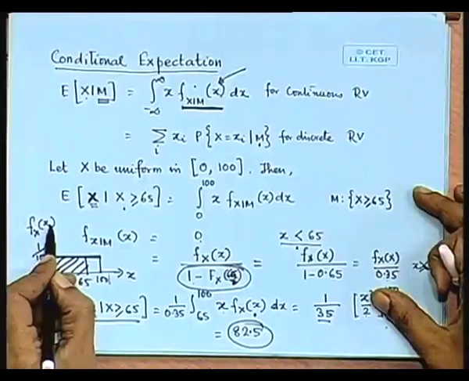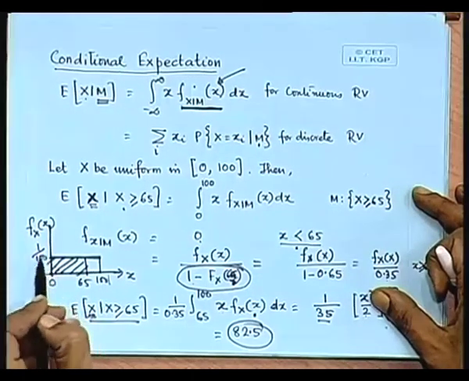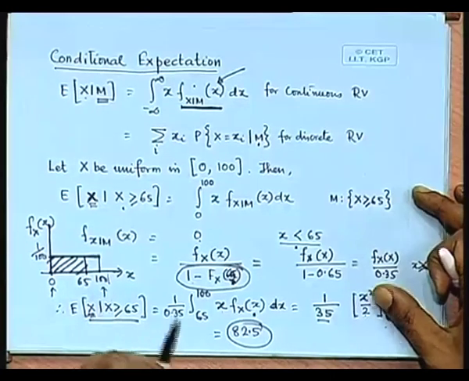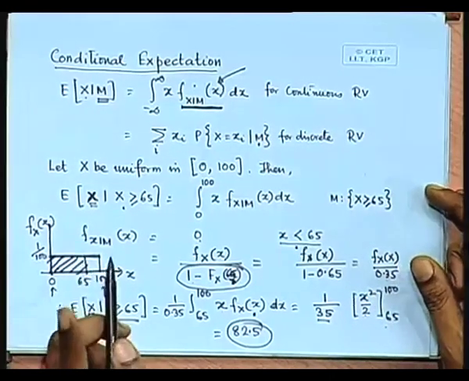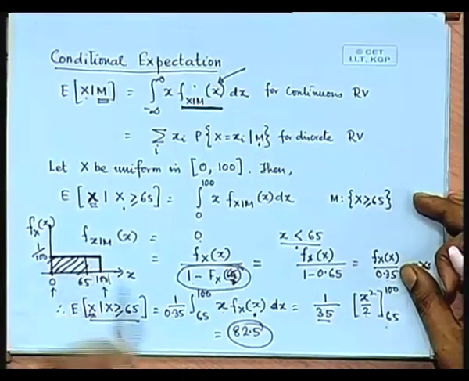What is the probability density function? It is 1 by 100, because the interval of age is 0 to 100, total probability must be 1 and this has to be uniform.